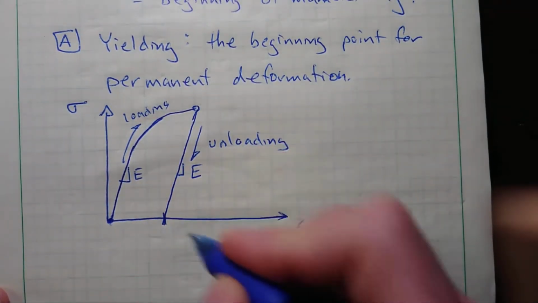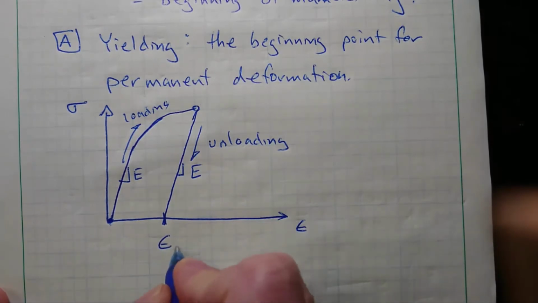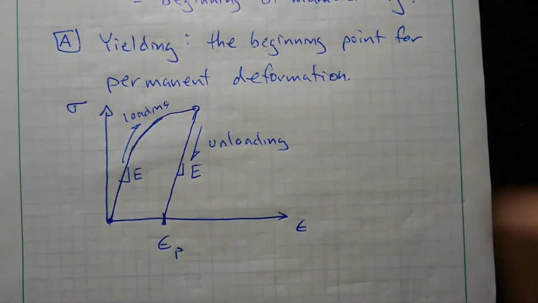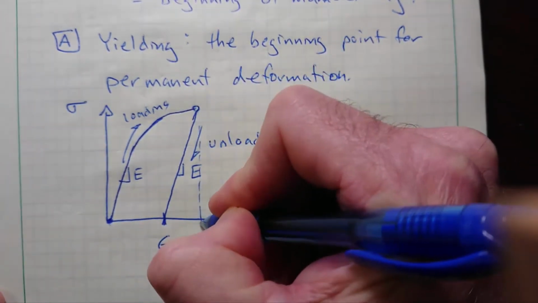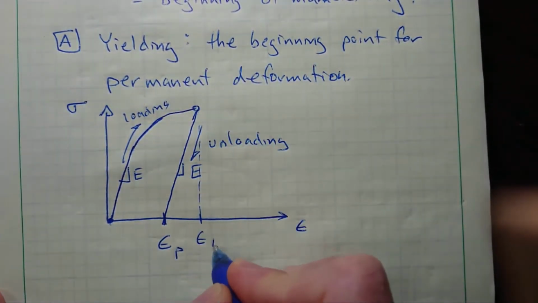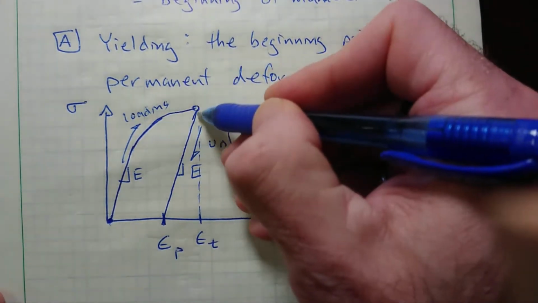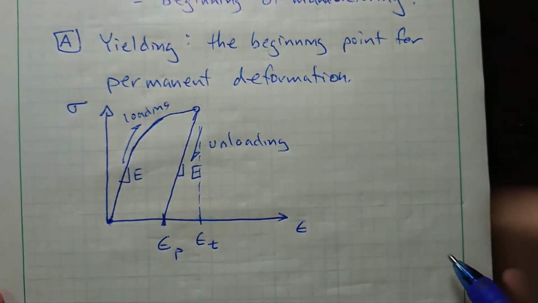The strain that I get that's permanently part of the specimen now is epsilon P. And the total strain just prior to unloading would be obtained from a horizontal drop there.